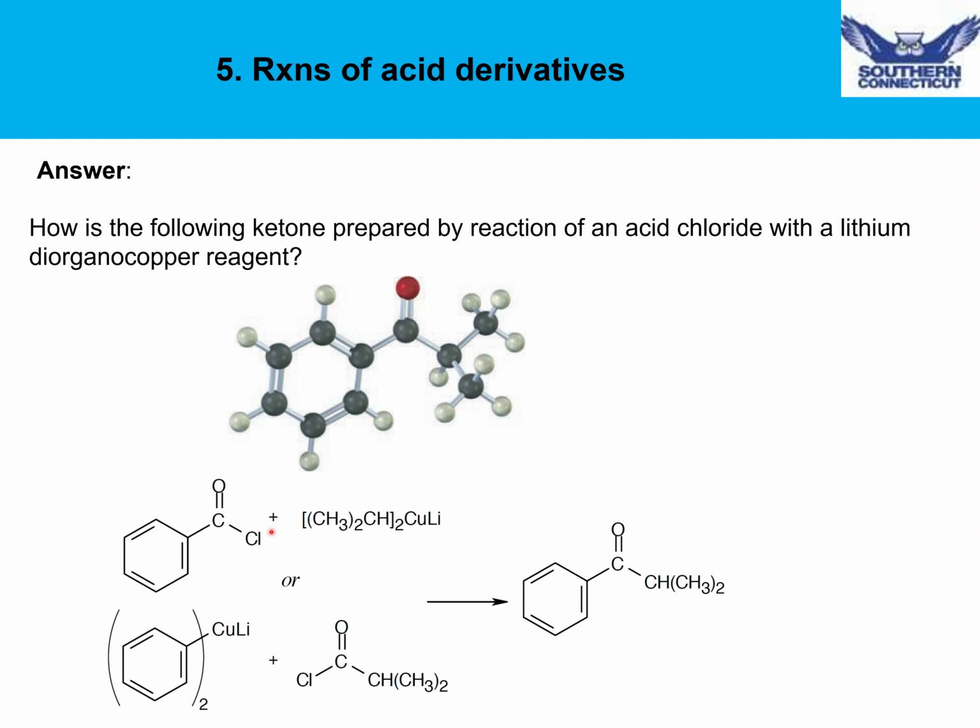And so the 2 possible answers are we use this acid chloride with a phenyl ring attached, and the isopropyl group will come from the Gilman reagent. Or we could exchange those 2 alkyl groups and provide the phenyl ring from the cuprate, and then the acid chloride already has the isopropyl group attached.